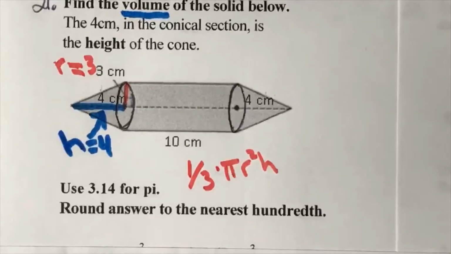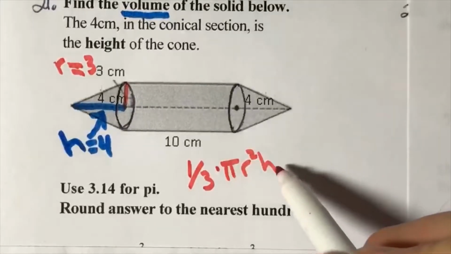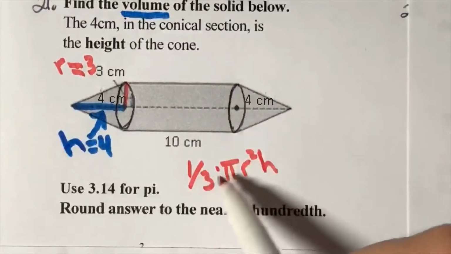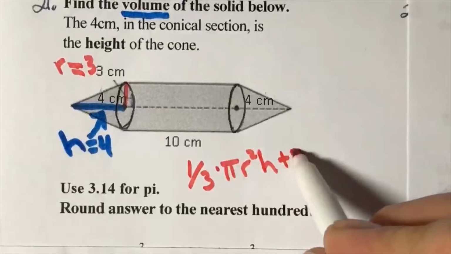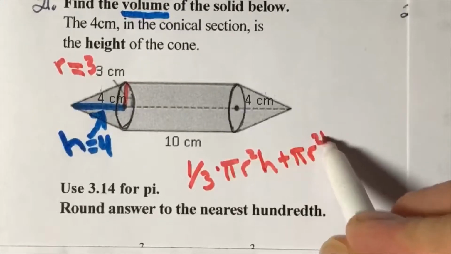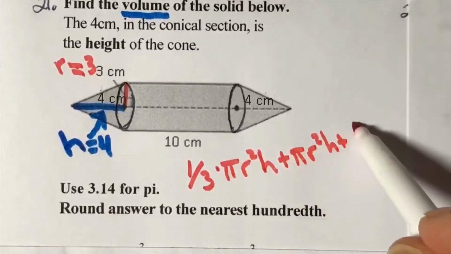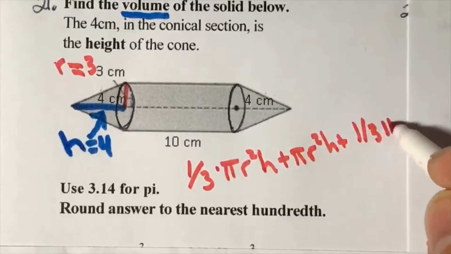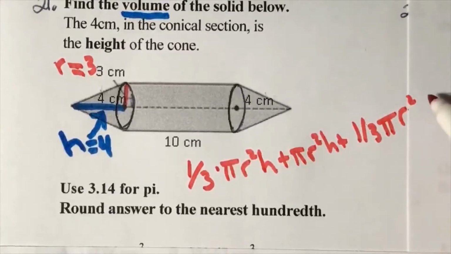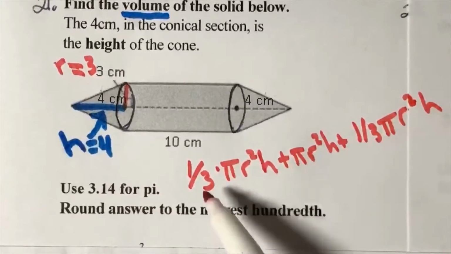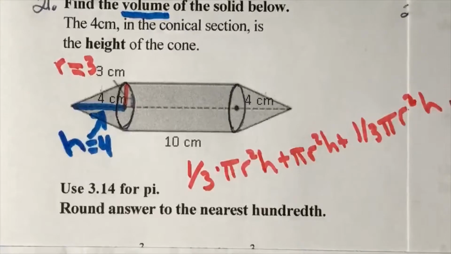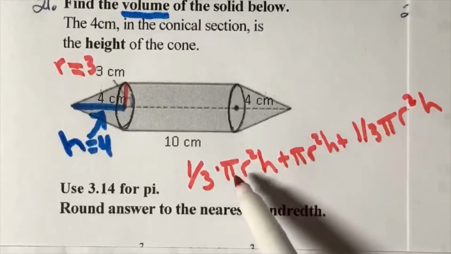Then you'll need to do something like this, from left to right: the 1/3 pi r squared h, plus the cylinder pi r squared h, plus the 1/3 pi r squared h. Or it's the cone one times 2. There's 2 of them.